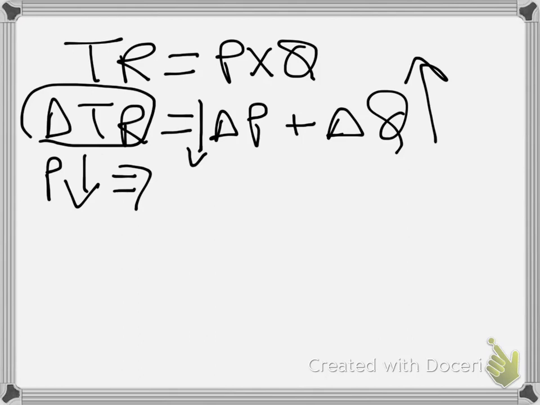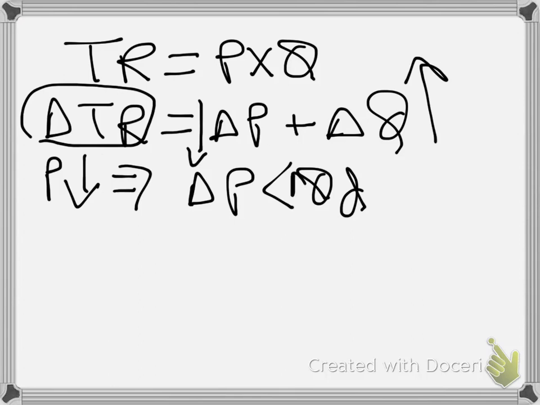You should see clearly that if the increase in quantity demanded is larger than the decline in price, we can see that the total revenue is probably gonna go up.